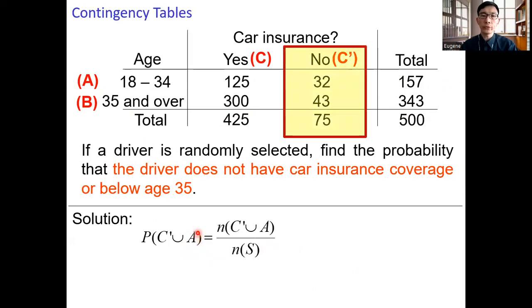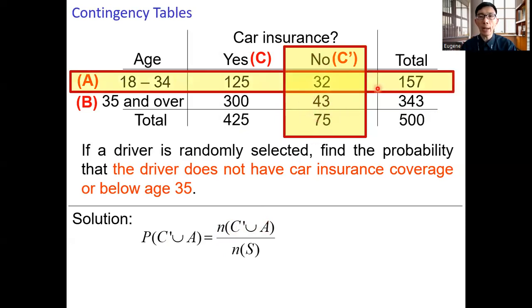So we have to find the total number of drivers who do not have car insurance or are below age 35. Here we have 75 of them who do not have car insurance, and 157 of the drivers whose age is between 18 and 34.